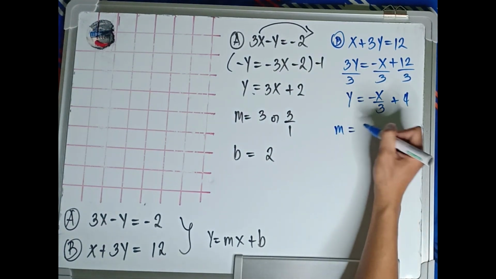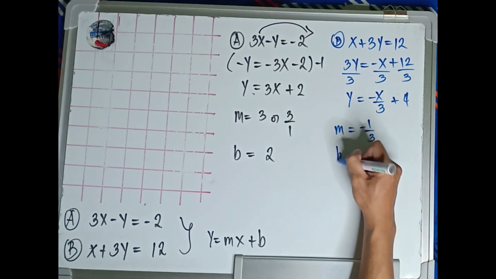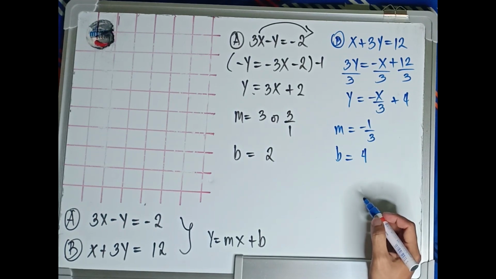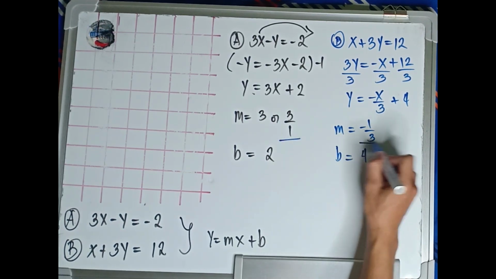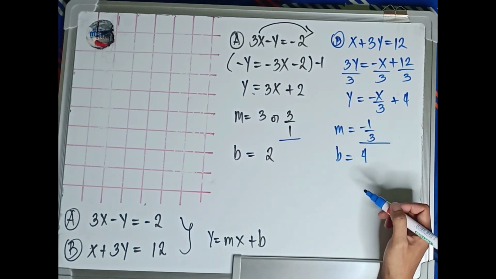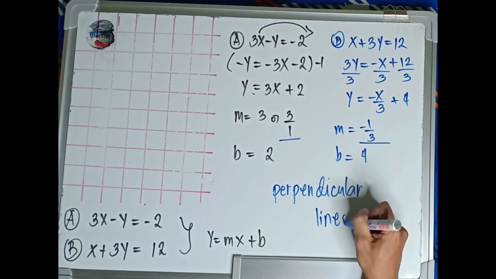Our slope is negative 1 over 3, and our y-intercept is positive 4. If you notice our slopes, 3 over 1 and negative 1 over 3, these slopes are negative reciprocals. If the slopes are negative reciprocals, the graphs of these two equations will be perpendicular lines.